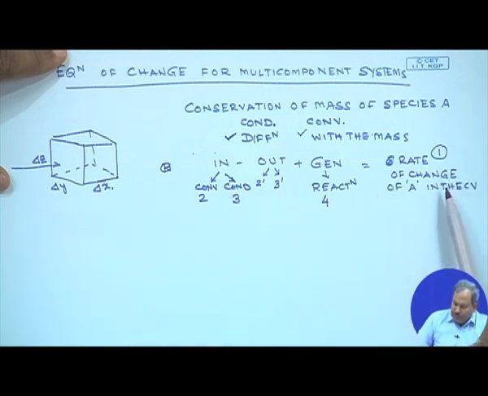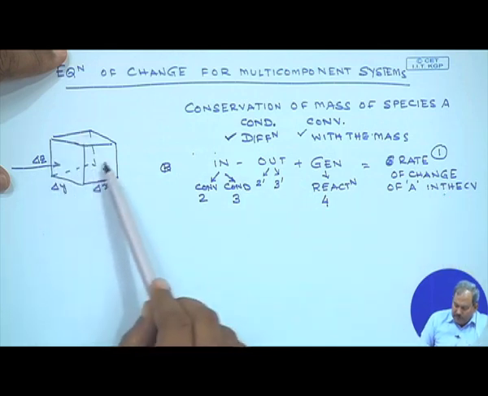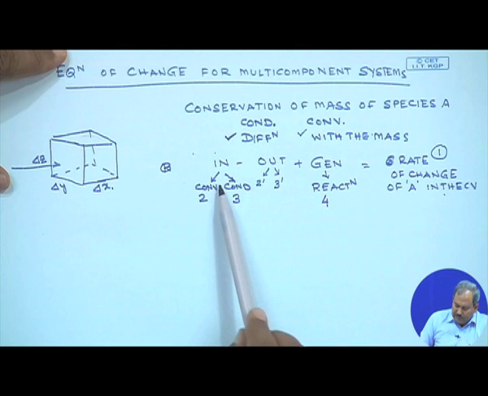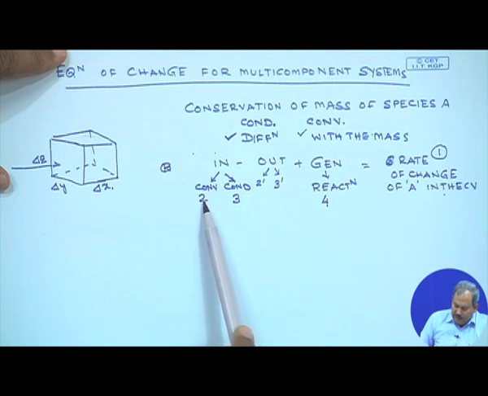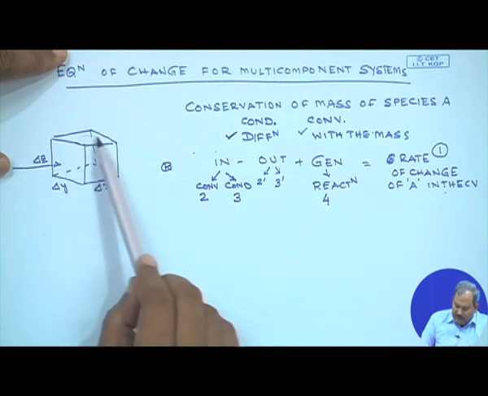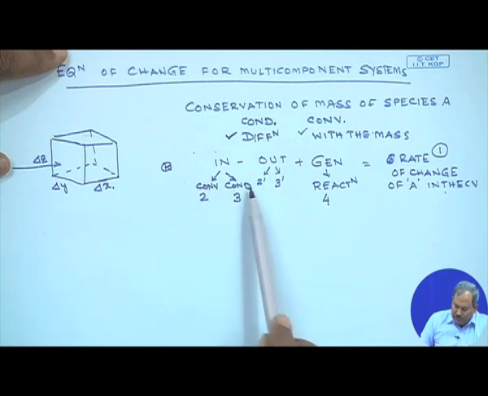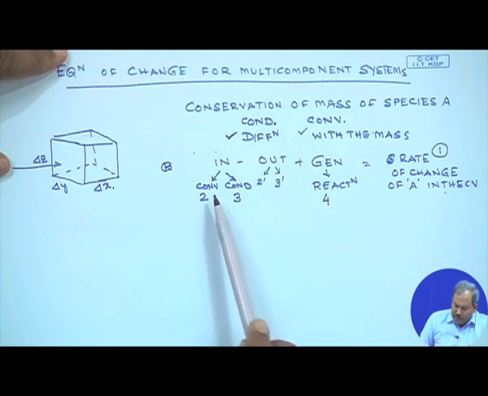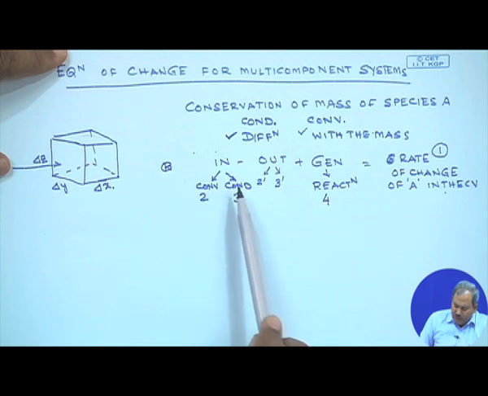So the first one is the time rate of change of A contained within the control volume. The second one is the rate at which species A enters the control volume by convection, and this is the rate at which A enters the control volume by conduction. 2 prime and 3 prime are simply the corresponding out terms for 2 and 3 respectively.